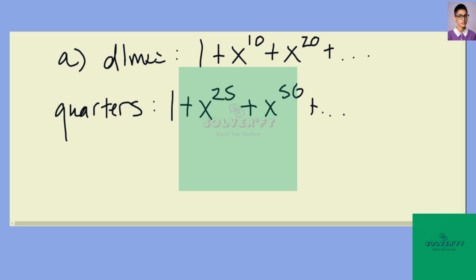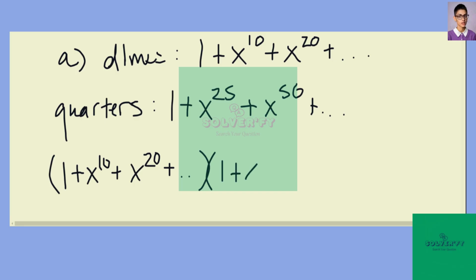And so we have that the total generating function is the product of these two generating functions, 1 plus x to the 10th plus x to the 20th, and so on, times 1 plus x to the 25th plus x to the 50th, and so on.